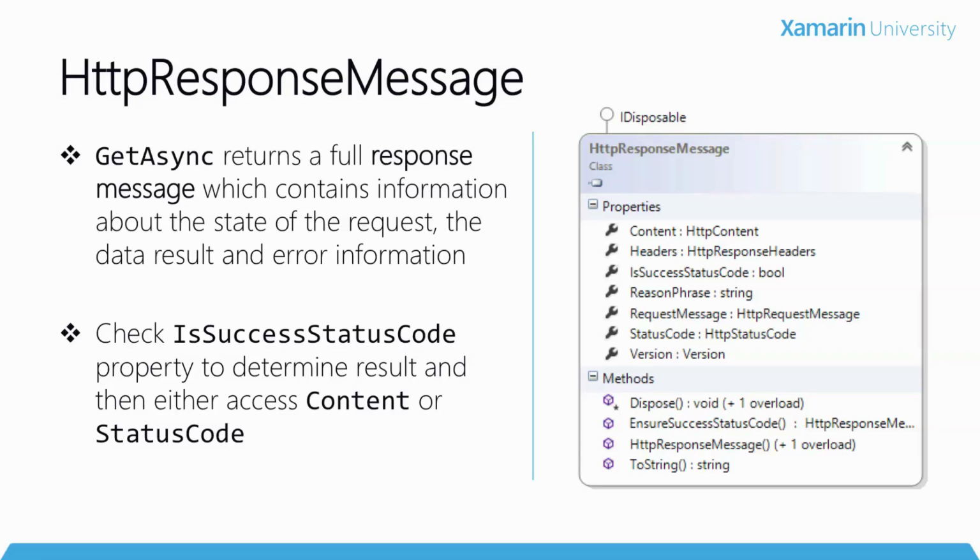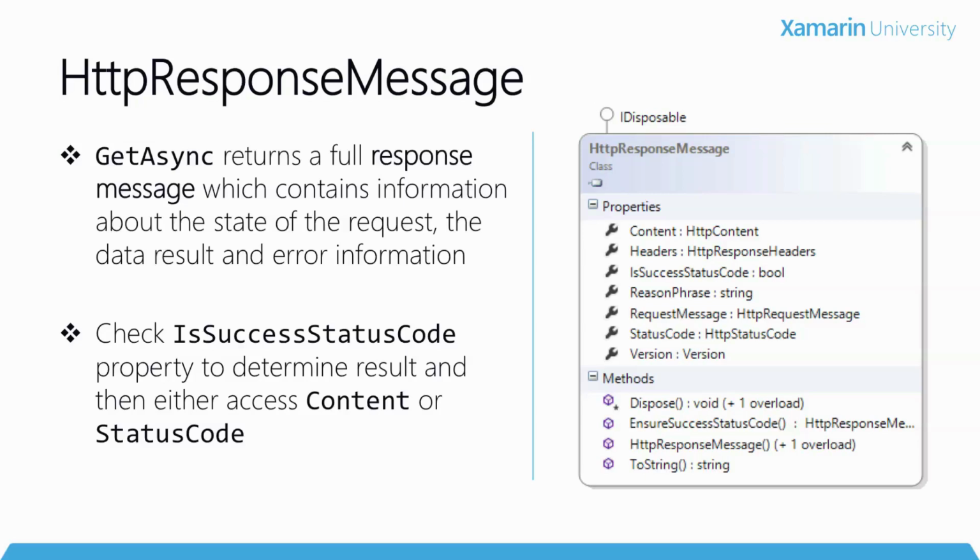The HttpResponseMessage class provides access to the entire HTTP response through various properties. In particular, there is a StatusCode property, which has the HTTP status code, and an IsSuccessStatusCode property, which makes it really trivial to verify that the response code falls in the range of successful responses.